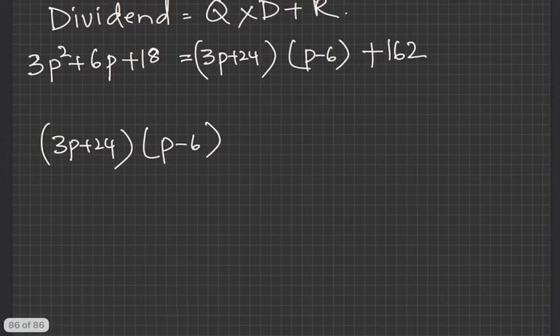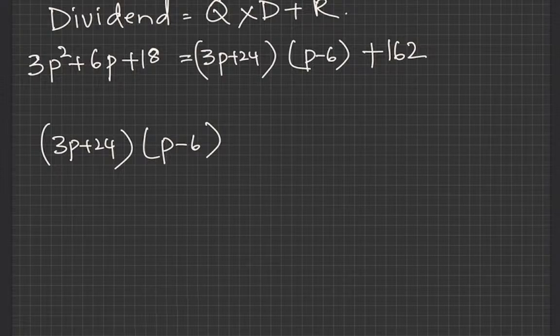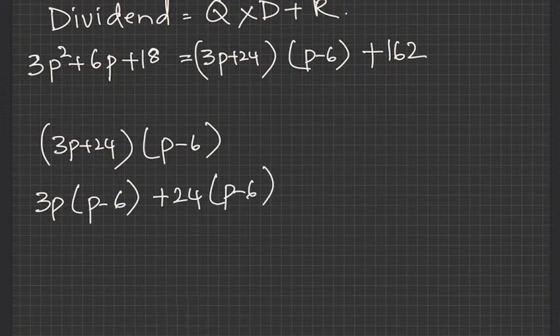So I have 3p times p minus 6 plus 24 times p minus 6.